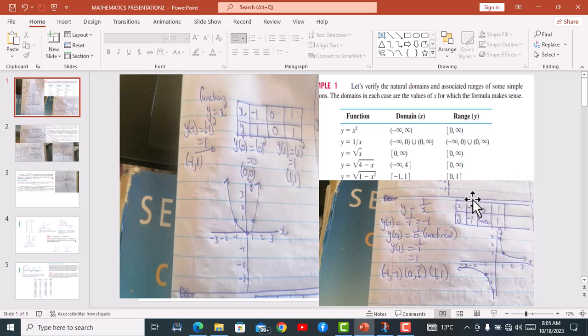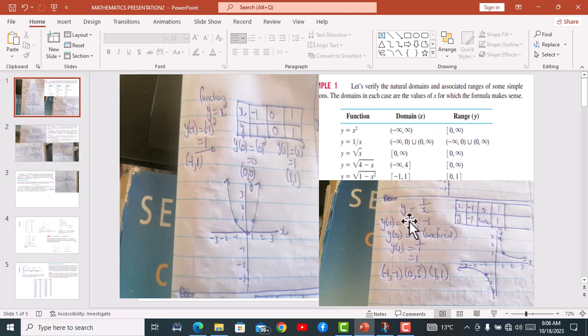We spoke about the interval in the first tutorial, so please go and refer. So we have the interval here, we have the machine, the function, and we input the first value of x, so we will have 1 divided by -1, which is -1. That is the corresponding value of y.